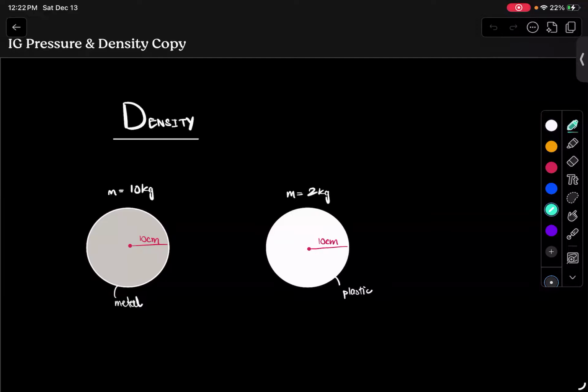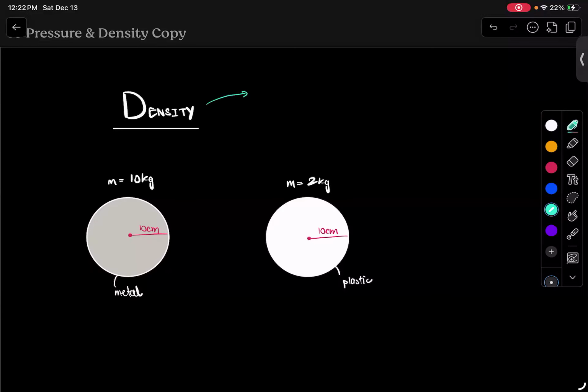Does it mean that something is heavier than something else, or something is lighter or has a greater weight? No, not exactly. The basic idea is how much mass you have per unit volume.